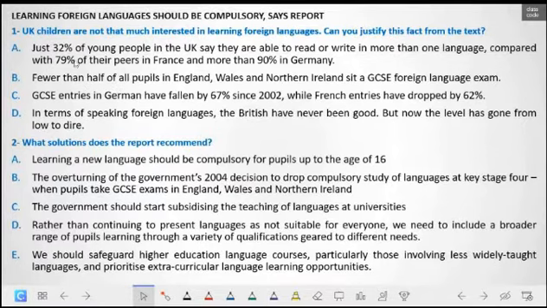Just 32% of young people in the UK say they are able to read or write in more than one language, compared with 79% of their peers in France and more than 90% in Germany. Fewer than half of all pupils in England, Wales, and Northern Ireland sit a GCSE foreign language exam.